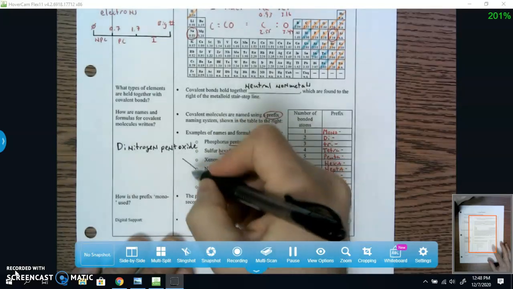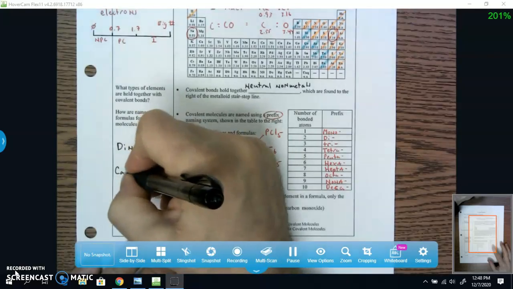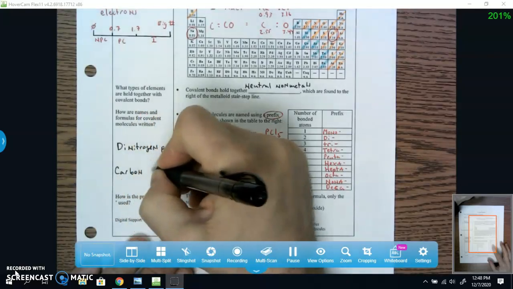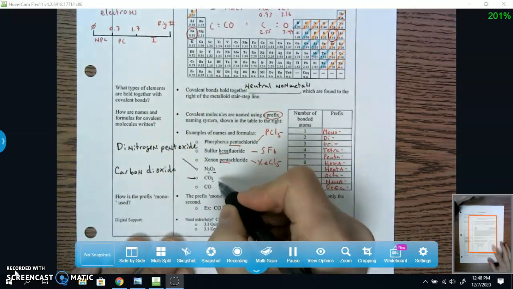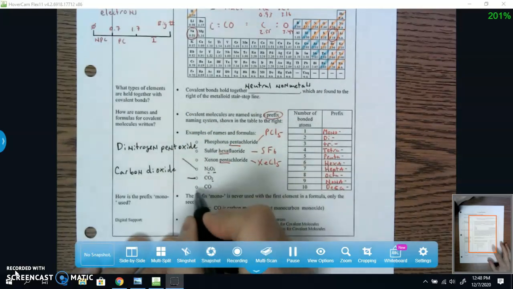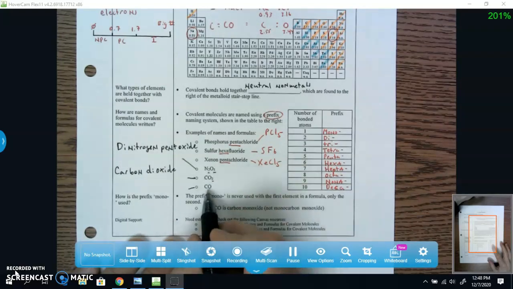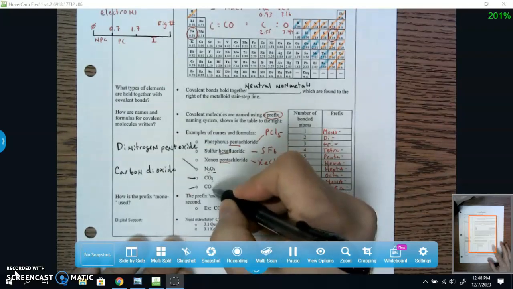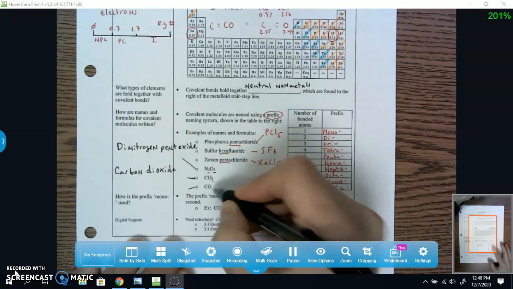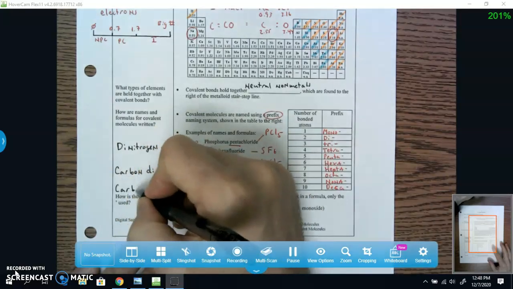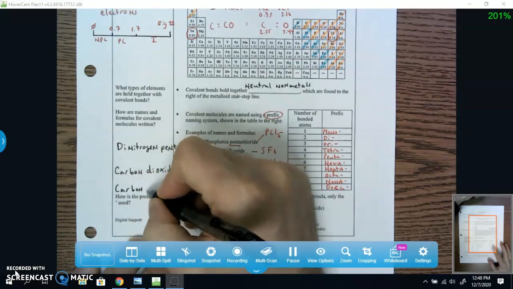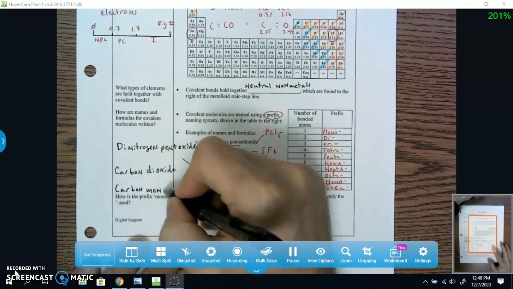CO2, so this is going to be carbon dioxide. We're all breathing this out right now. And the last one is going to be CO. There's only one of the second one. This is where we use that prefix mono. So this is carbon monoxide.